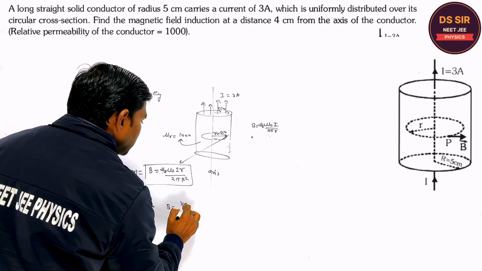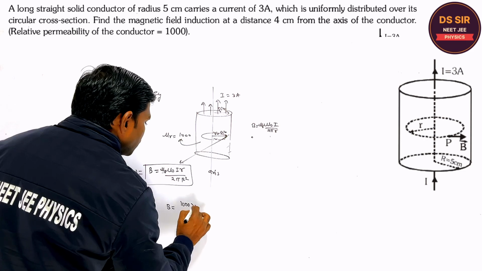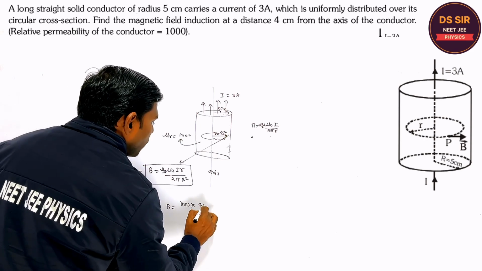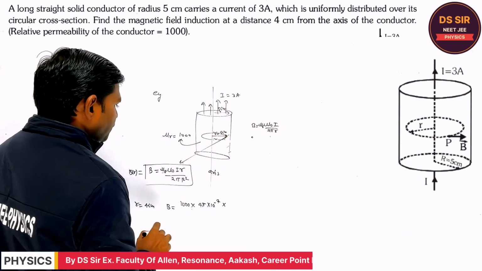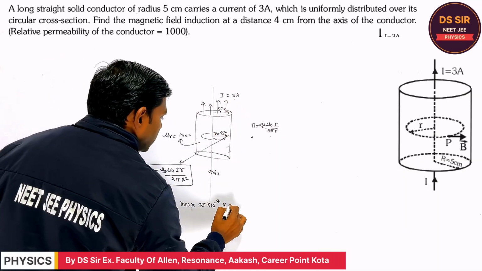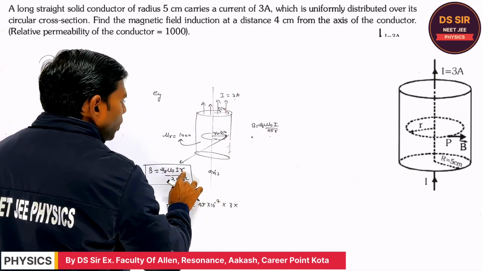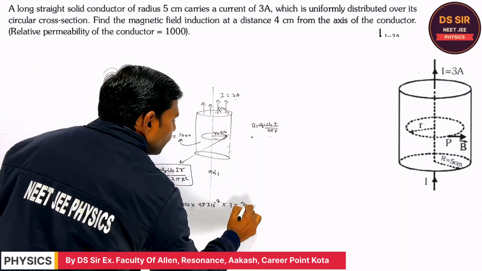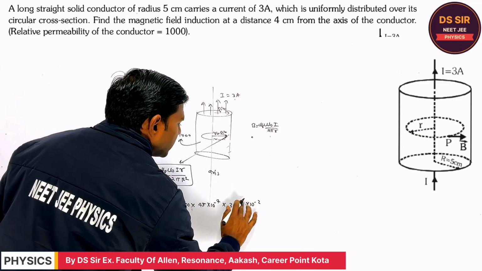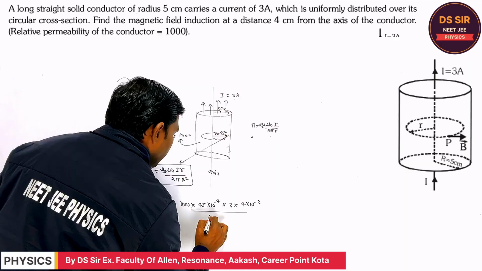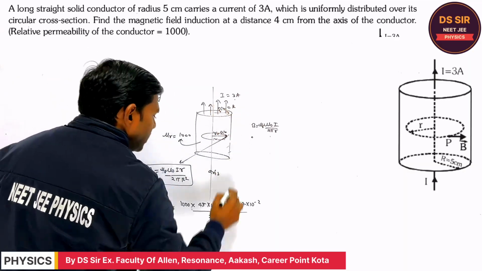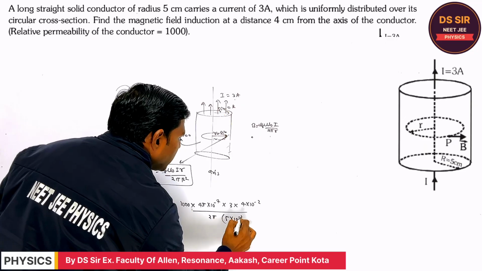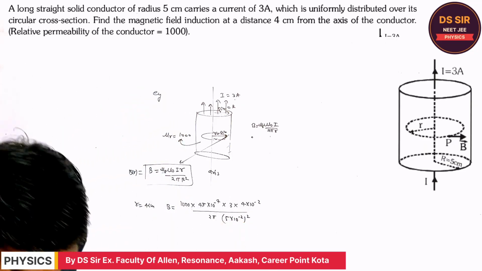Mu r is 1000. What is the mu naught value? 4 pi into 10 to the power minus 7. The total current is 3. Small r is 4 centimeter, divided by 2 pi into R square. R is 5 into 10 to the power minus 2, whole square. Is it clear or not?